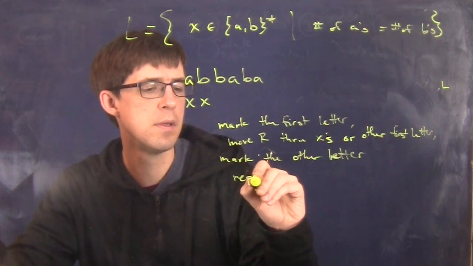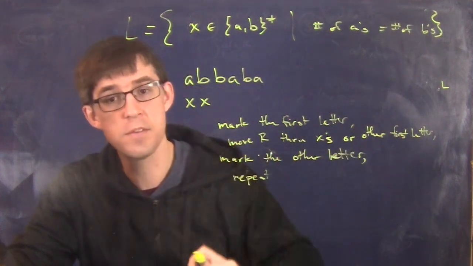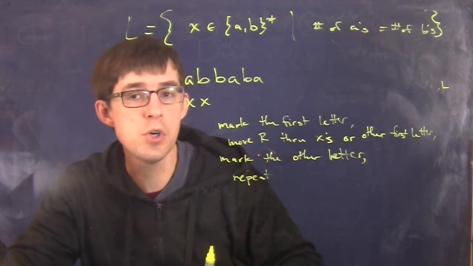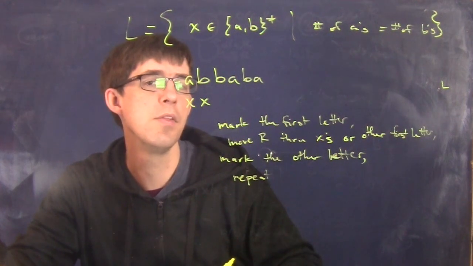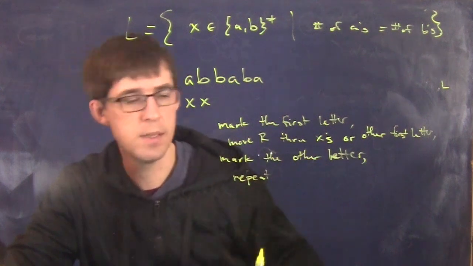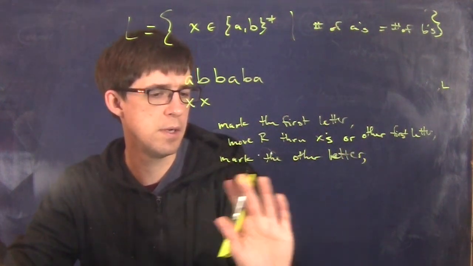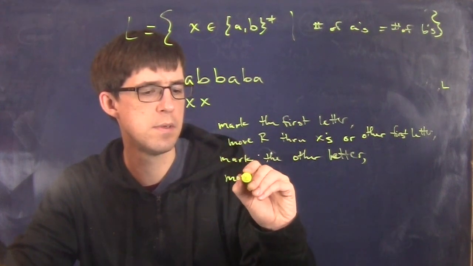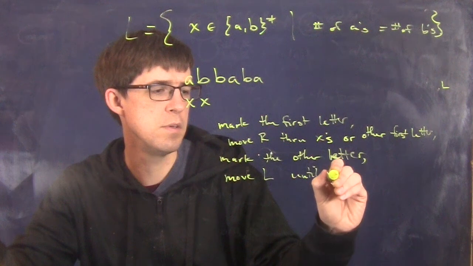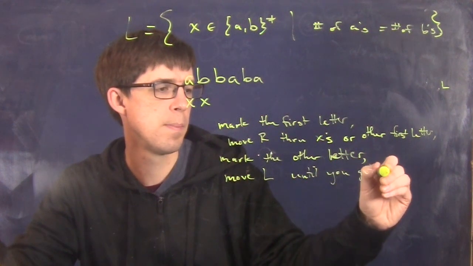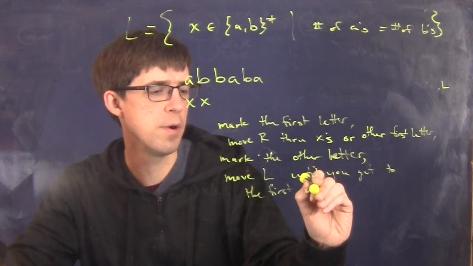All right? And then you mark the other letter, and then you want to go back to the left to find the first unmarked letter on the left part. So mark the other letter, and then move left until you get to the first unmarked.